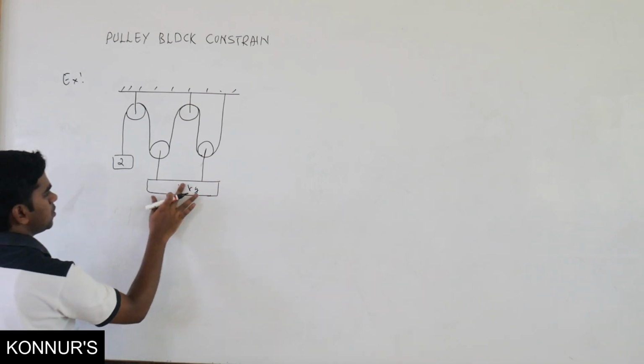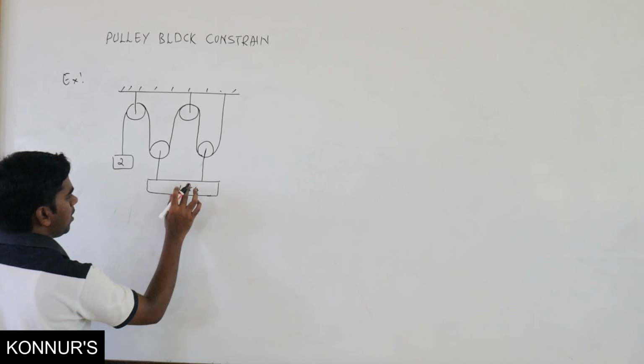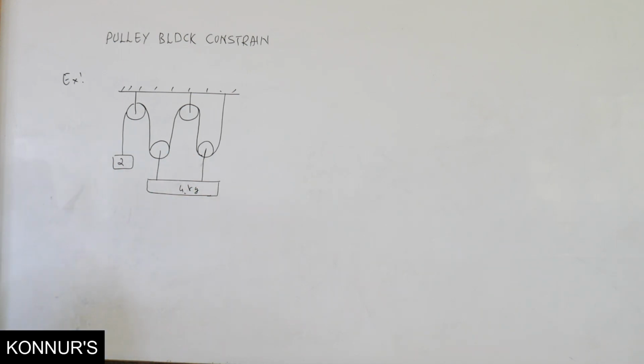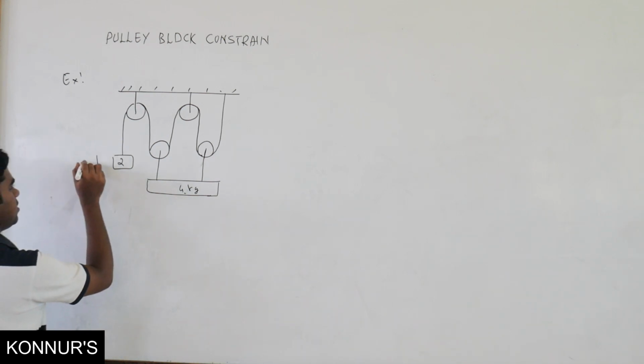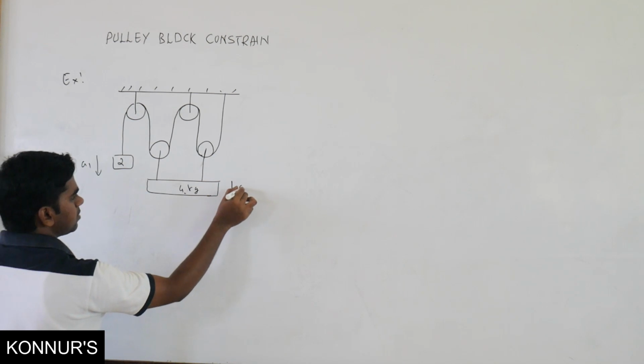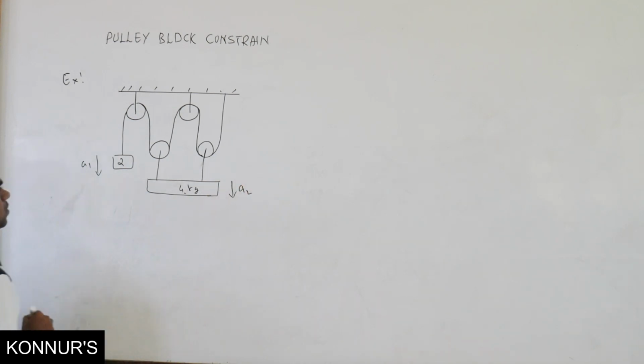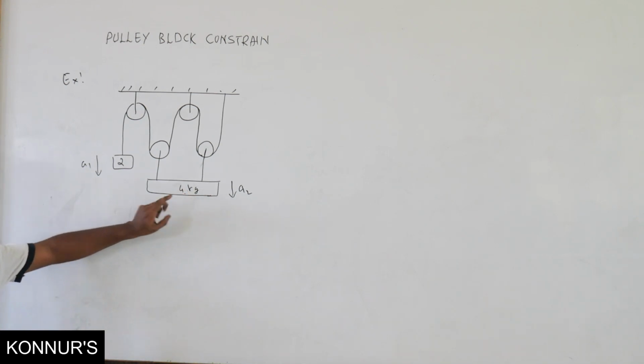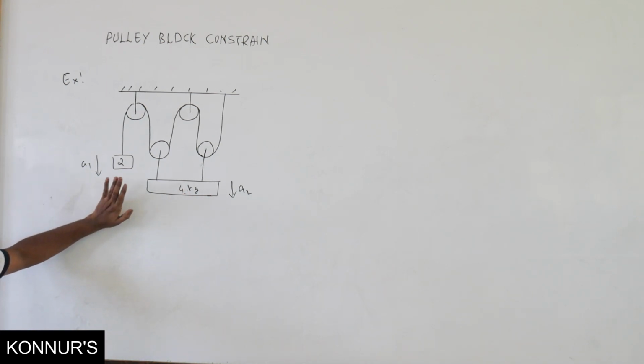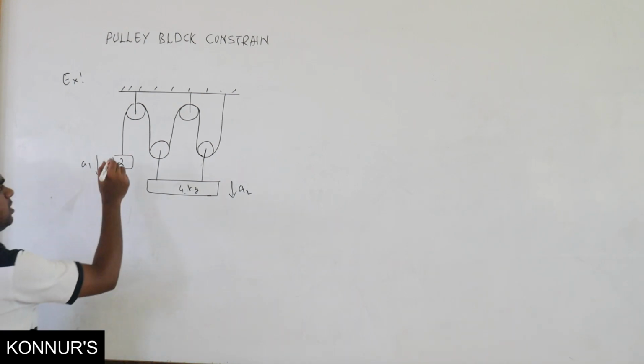Now they will ask what is the acceleration of this one or this one. So how can we solve? You can take the acceleration of this as a1 and this as a2. Now you don't go for the pulley method, better to go with the tension method. So here what will be the tension?